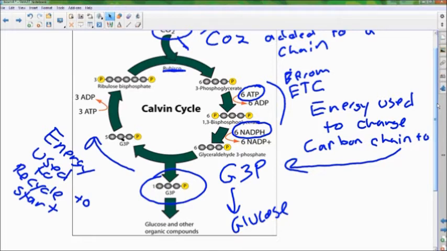Okay, and so we can see why it's called a cycle. Most of the stuff in that cycle just goes around and around. There are slight changes and the addition of the carbon dioxide that end up making that G3P molecule, which can then be used to make glucose. So one time around the Kelvin cycle only makes half as much as we need to make glucose. We actually have to do 2 turns of the Kelvin cycle to get a single glucose molecule.